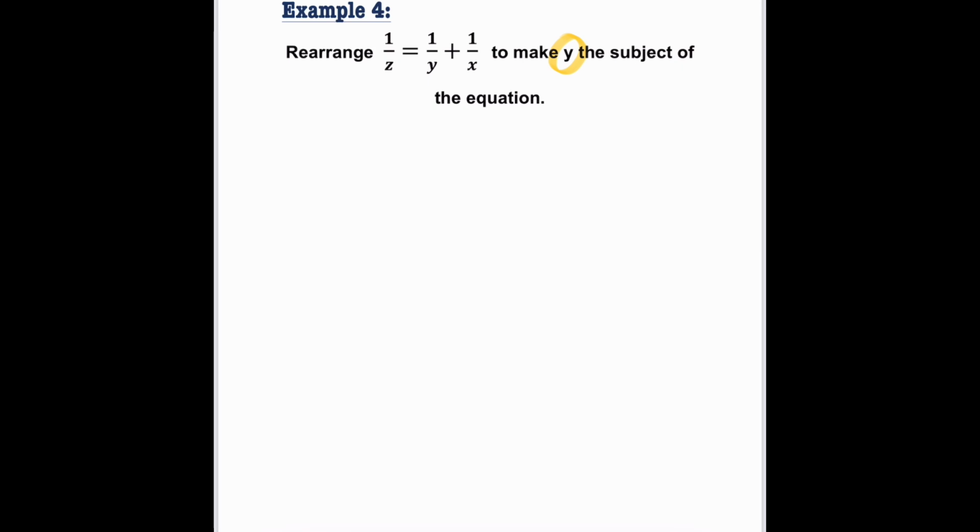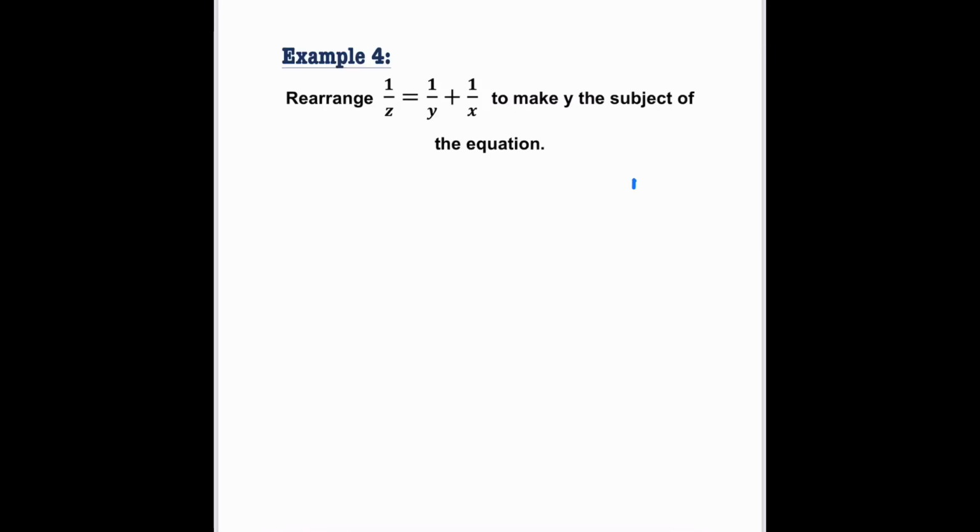To be able to do that, we need to identify the LCD, or the least common denominator. By looking at the fractions here, it's easy to identify because our LCD will be the product of the 3 variables. So LCD will be x times y times z.